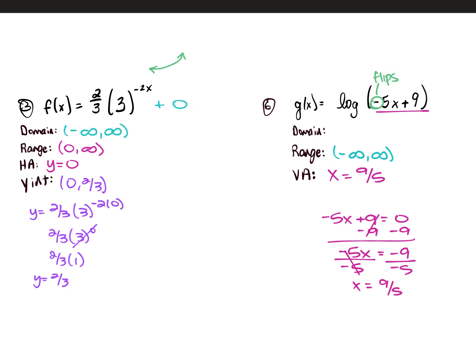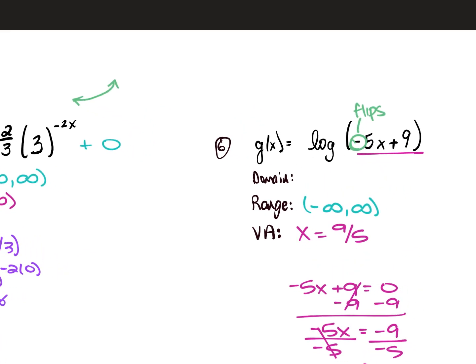So automatically, from the very top of your notes, it told you that the log function looks like this. If you were to flip that horizontally, side to side, because it's inside the parentheses, it turns into this.